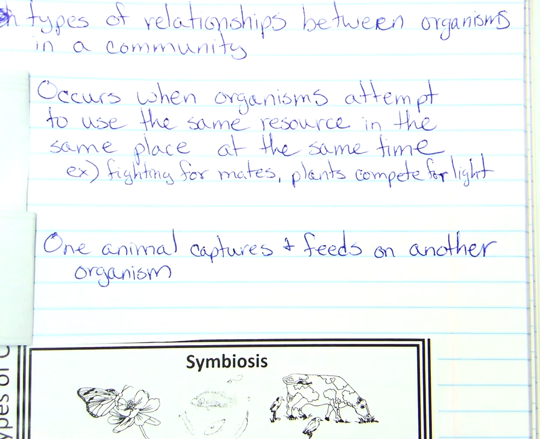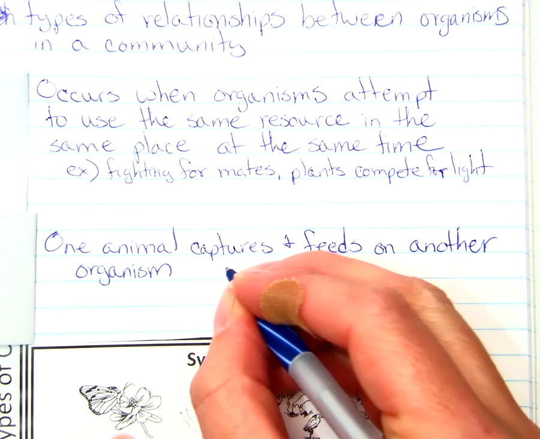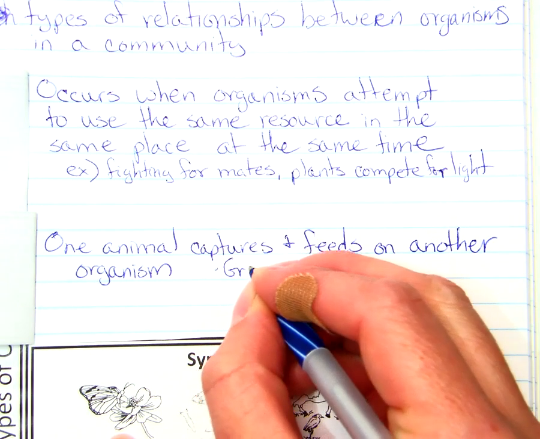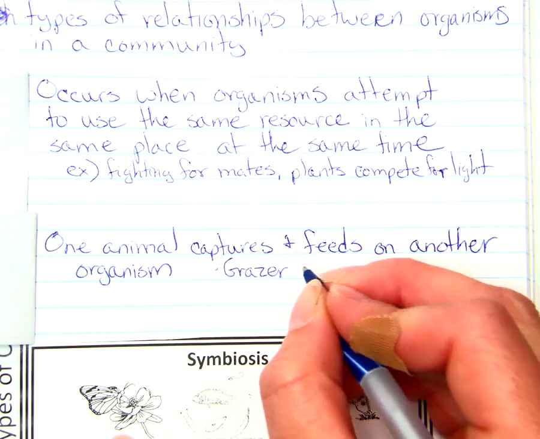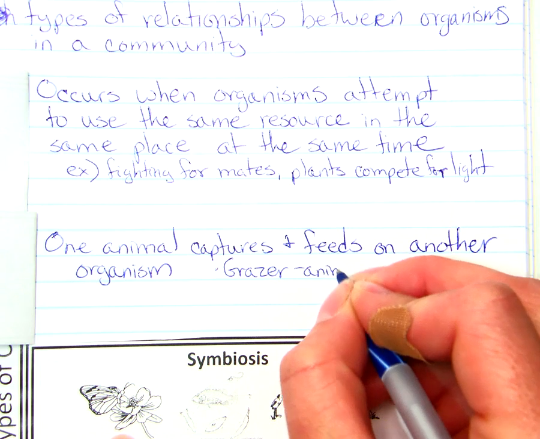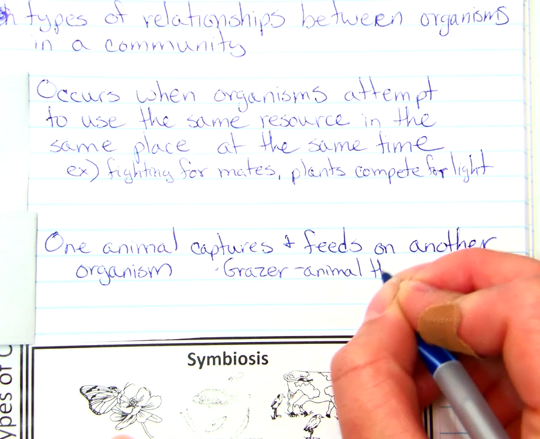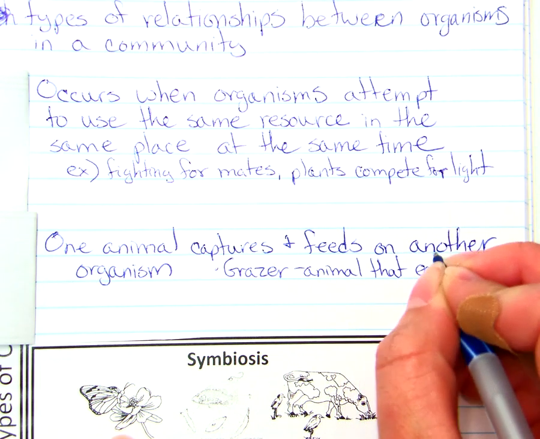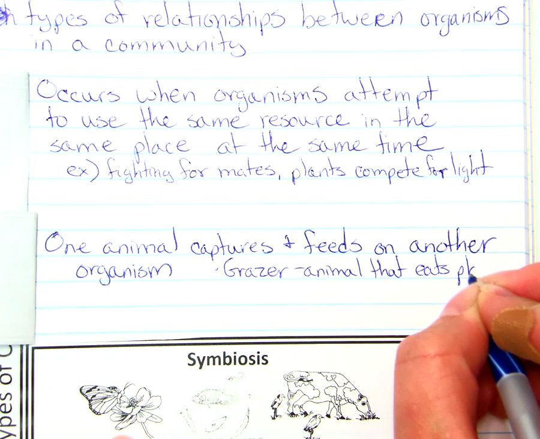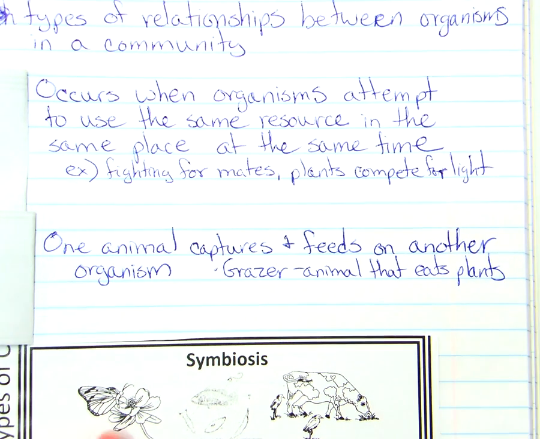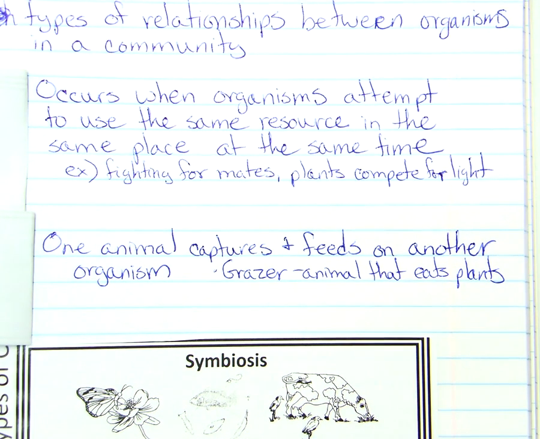It could be a plant or an animal. A grazer, we've got a special term if it eats a plant. A grazer is an animal that eats plants.